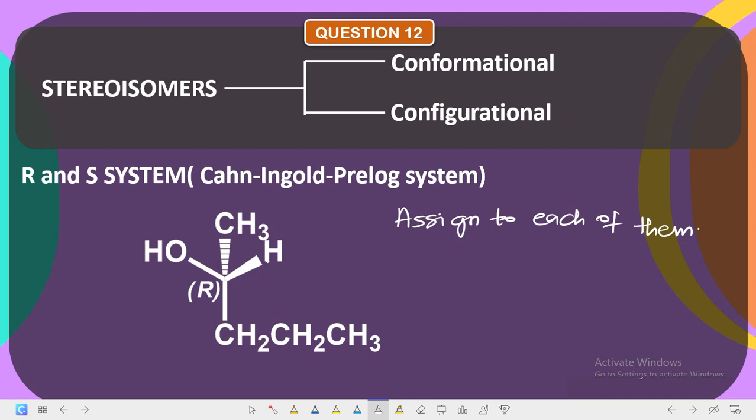Now, if you assign priority to each of them here, what do you think will be the order of priority? Now, the order of priority is in accordance with atomic number. It's in accordance with what? Atomic number. So the one that has the highest atomic number has the highest priority.